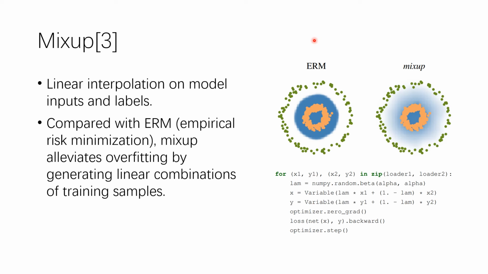So what mix-up does is that it generates new training data by linearly combining two data samples, like what the pseudocode here does. So with new training data, mix-up enables training on convex combinations of training data, just like this blurred blue area in this right image, and therefore it can increase the generalization ability of your deep learning model.